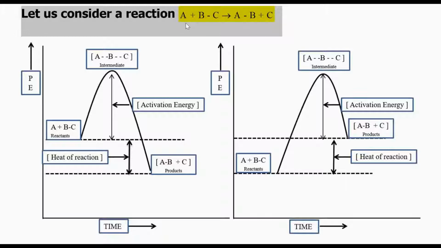Now the attacking reagent can be of two types: electrophilic and nucleophilic. The electron loving attacking reagents are called electrophilic attacking reagents, whereas the nucleus loving attacking reagents are called nucleophilic attacking reagents.